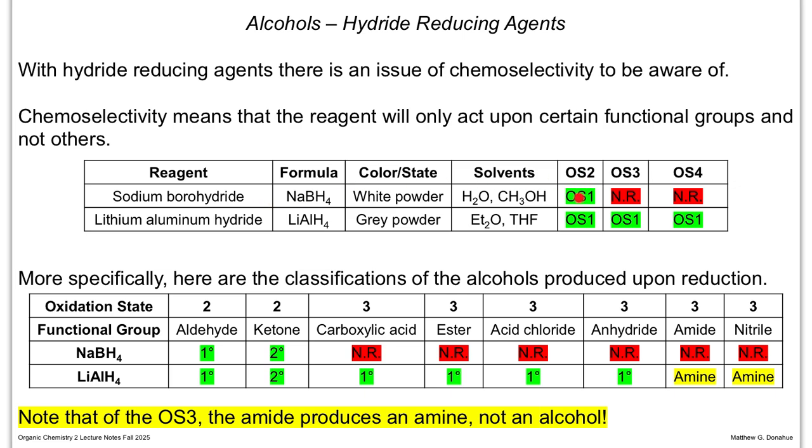You can only react that with aldehydes and ketones. It's not strong enough to do anything at OS3. Lithium aluminum hydride doesn't discriminate, it hits everything. So it's pretty reactive. The different colors tell you the difference in reactivity.